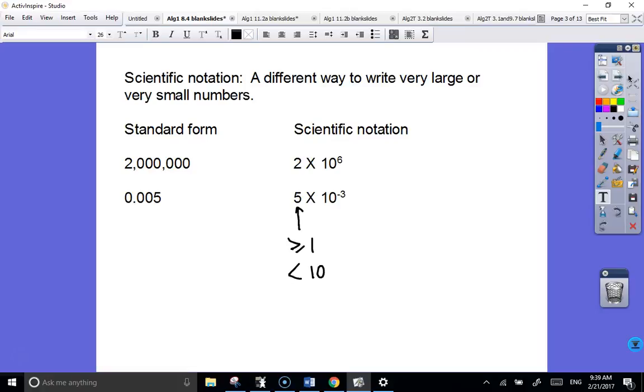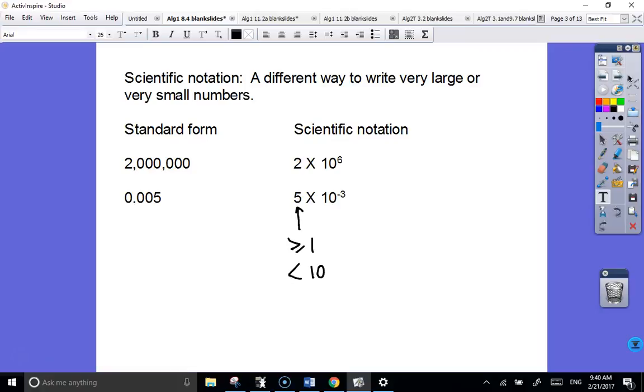The decimal place is here. In order to put it in scientific notation, I have to move the decimal point over 1, 2, 3, 4, 5, 6. So that turns it into 2.0, which is between 1 and 10. And since I moved 6 decimal places, it's times 10 to the 6th.